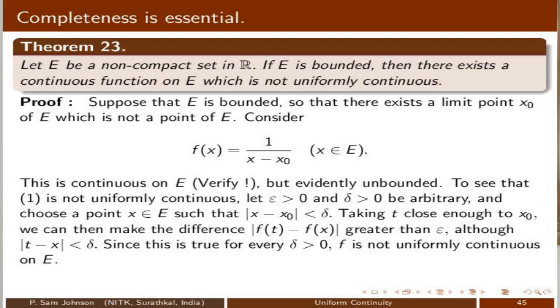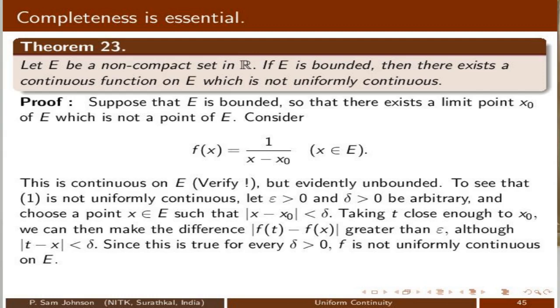Now, on a non-compact set, in the case of the set of real numbers, if the set happens to be bounded, then we can always find a continuous function which is not uniformly continuous. This is guaranteed. How do we see this?